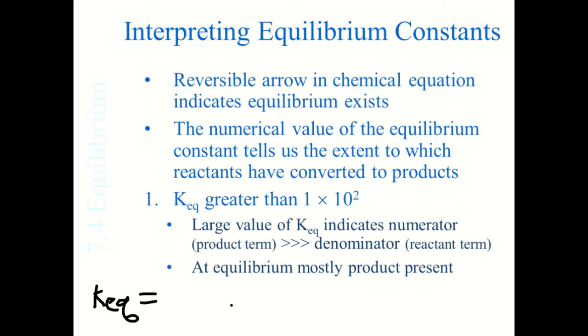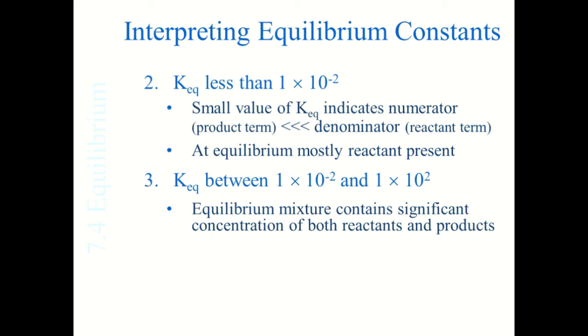Well, KEQ equals the products over the reactants. So if my number is 100, what do I have more of? Product or reactant? What is the bigger number? The top number, right? Product. So if my KEQ is over 100, that means I have a lot of product and less reactants. That's what it's telling me.